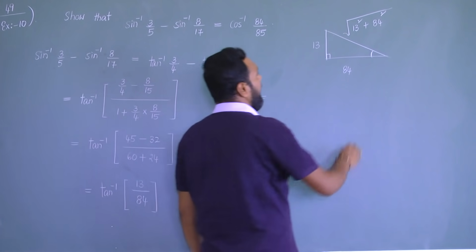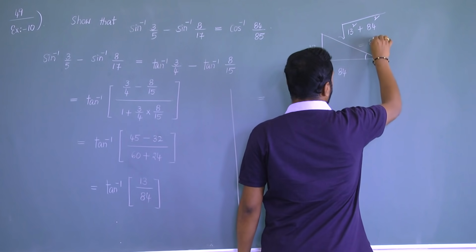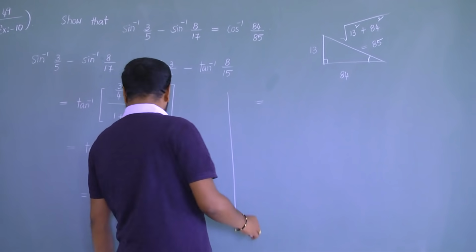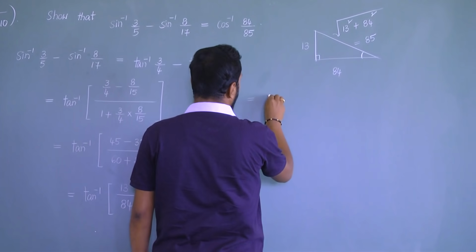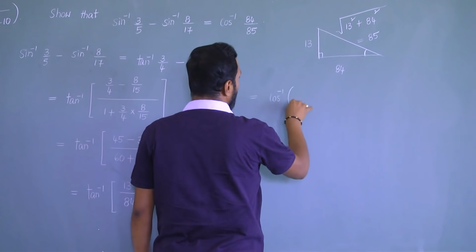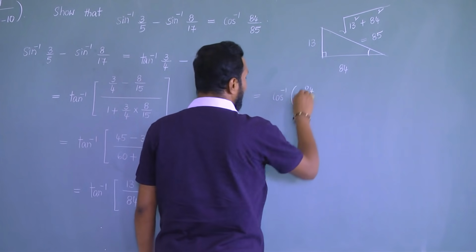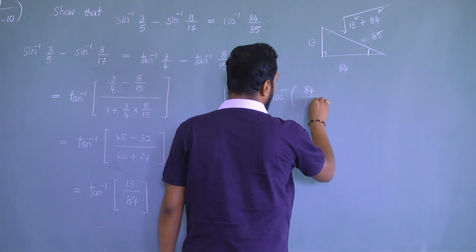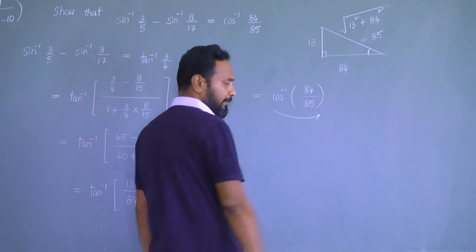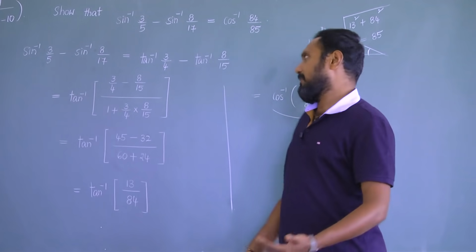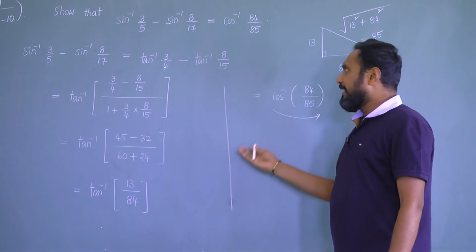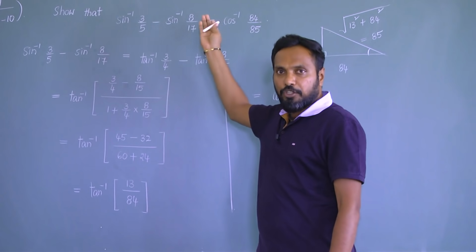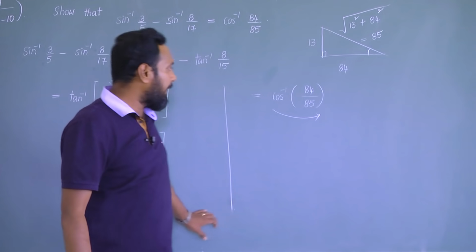If you simplify, you will get root of 85 square, nothing but 85. So I can write it in terms of cos inverse, which is cos inverse of adjacent side 84 divided by hypotenuse 85. Again at last, in the conclusion step, we need to write LHS equals RHS one more time.